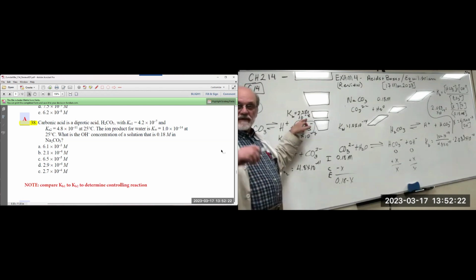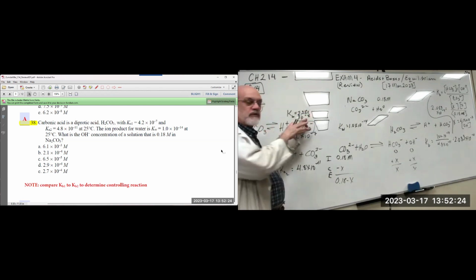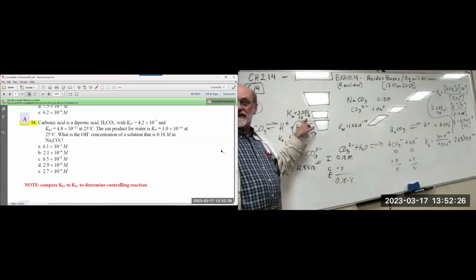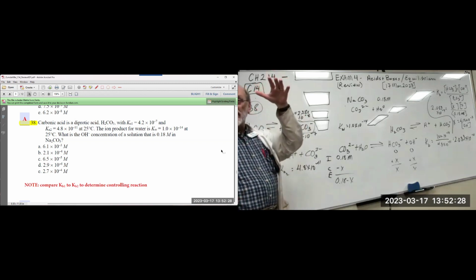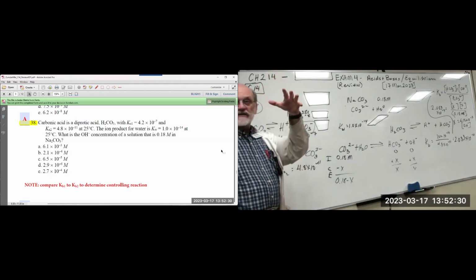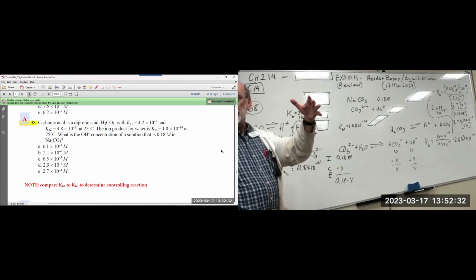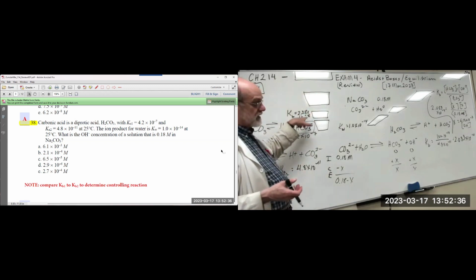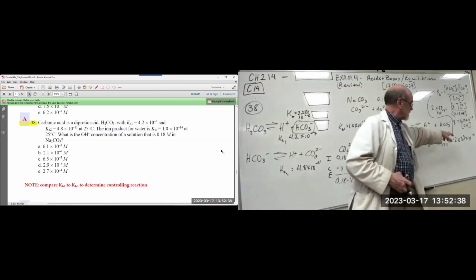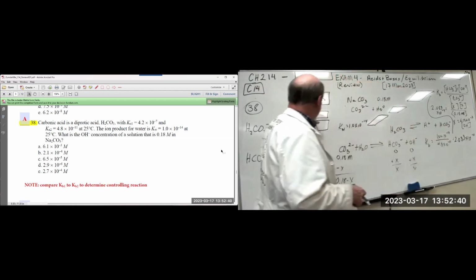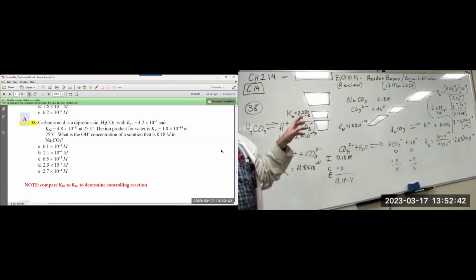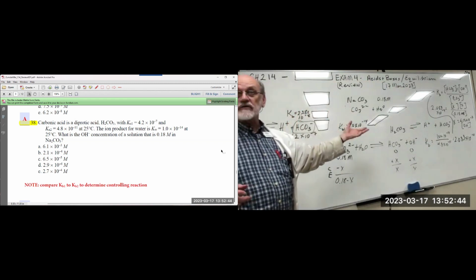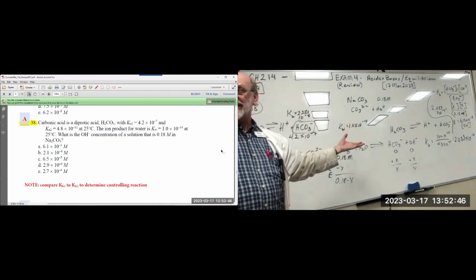The same logic we used for acids: if they're very far apart, then the second dissociation has little influence on the pH. Working backwards with Kbs, this reaction is 4 orders of magnitude stronger than that one, so that one's not going to influence the pH or the hydroxyl ion concentration. Does that make sense?